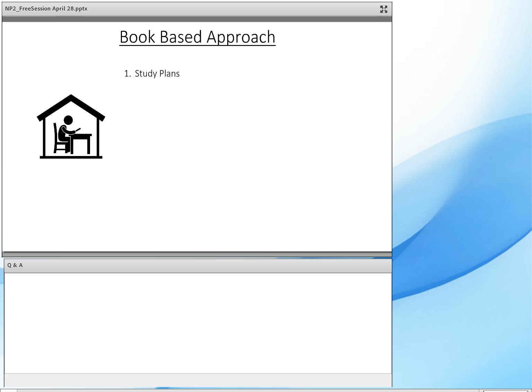Starting with the study plan, a book-based approach is all about autonomy. When you start studying using books, books don't create custom study plans for you. They give you a couple of study plans and you've got to choose one of them. Essentially, you choose the study plan without thinking a whole lot and start learning concepts.